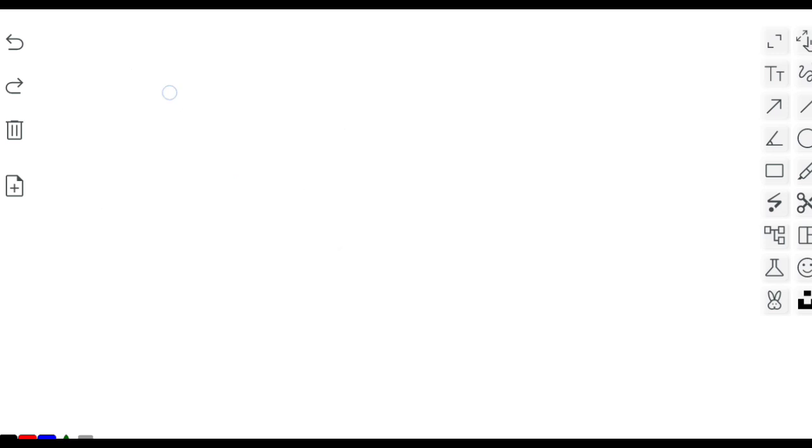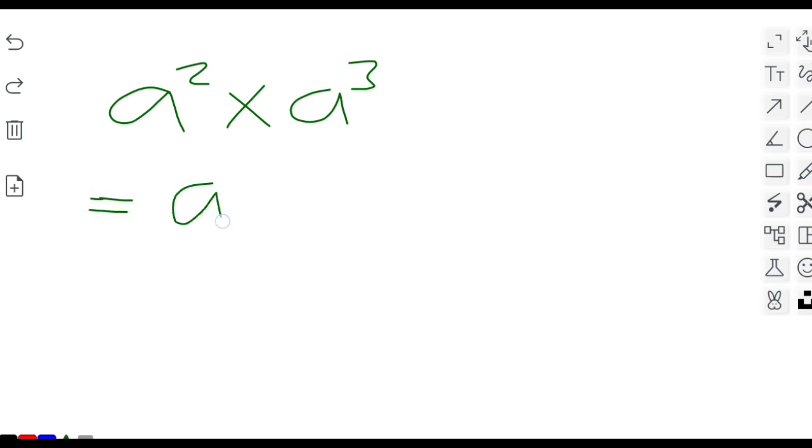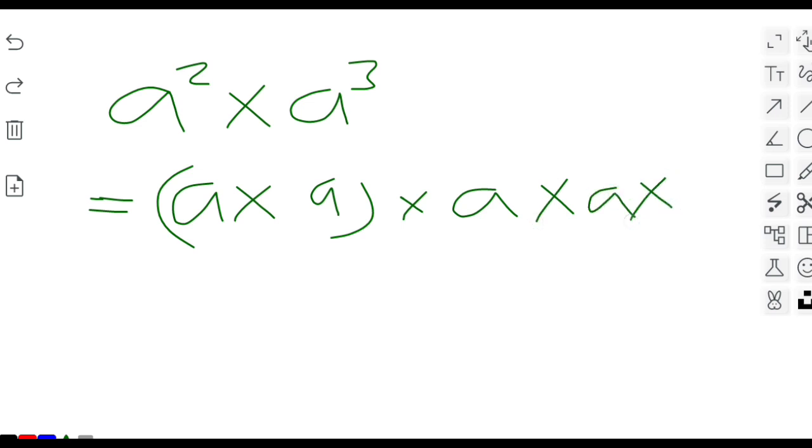So let's take another example. If I have a raised to the power of 2 times a raised to the power of 3, this will be a times a, close the bracket, times a times a times a.